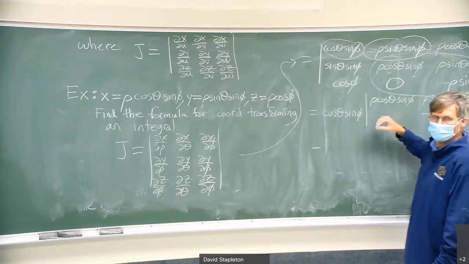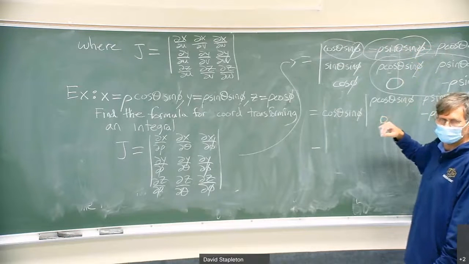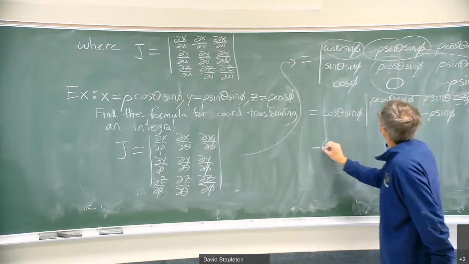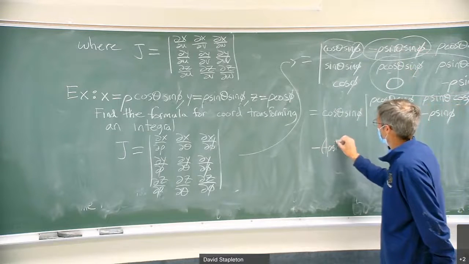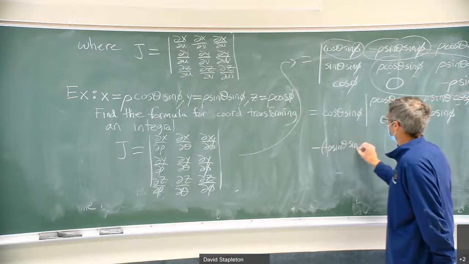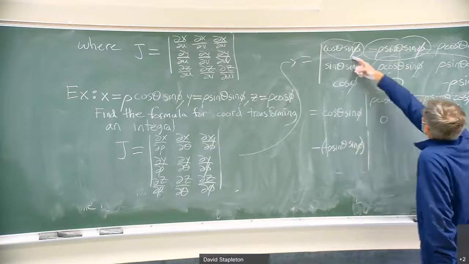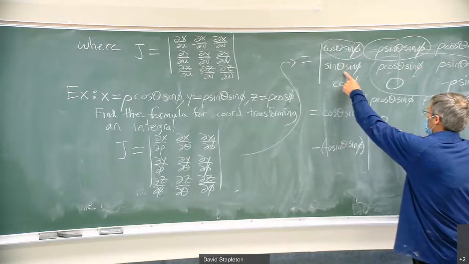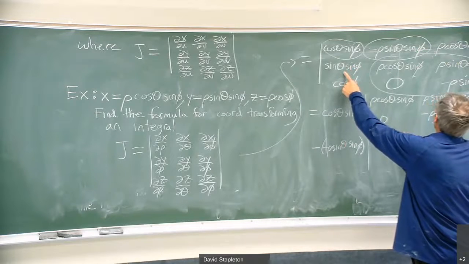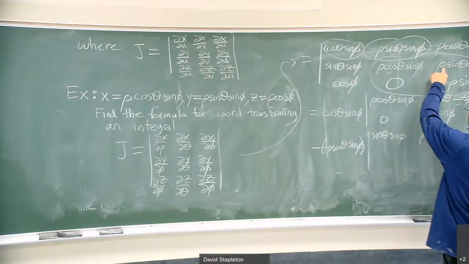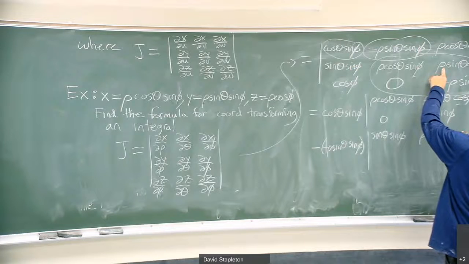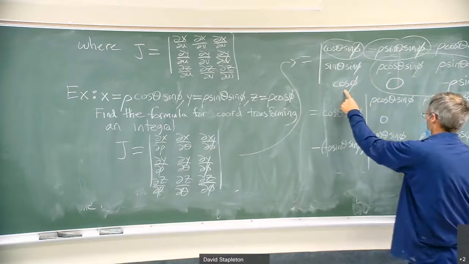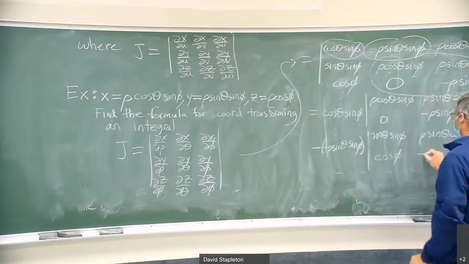Remember that for determinants of 3 by 3 from doing the cross product last semester? Does that sound familiar? So minus this one, which is minus rho sine theta sine phi, times the determinant got by wiping out its row and column, these 4 elements: sine theta sine phi, rho sine theta cosine phi, cosine phi, minus rho sine phi.